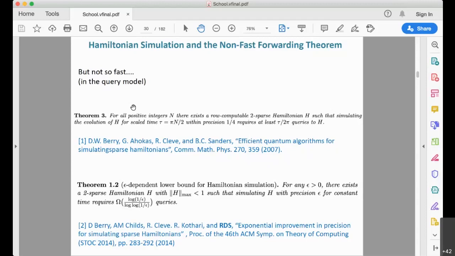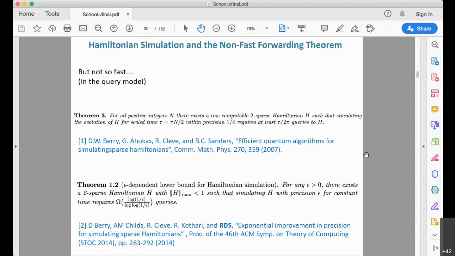I mentioned a little bit about this at the end of my talk, but roughly what it says is that if you're given some Hamiltonian H, under some reasonable assumptions on the Hamiltonian, and now you want to evolve your Hamiltonian for time t, or this time tau that is here in the theorem, you need at least order tau queries.